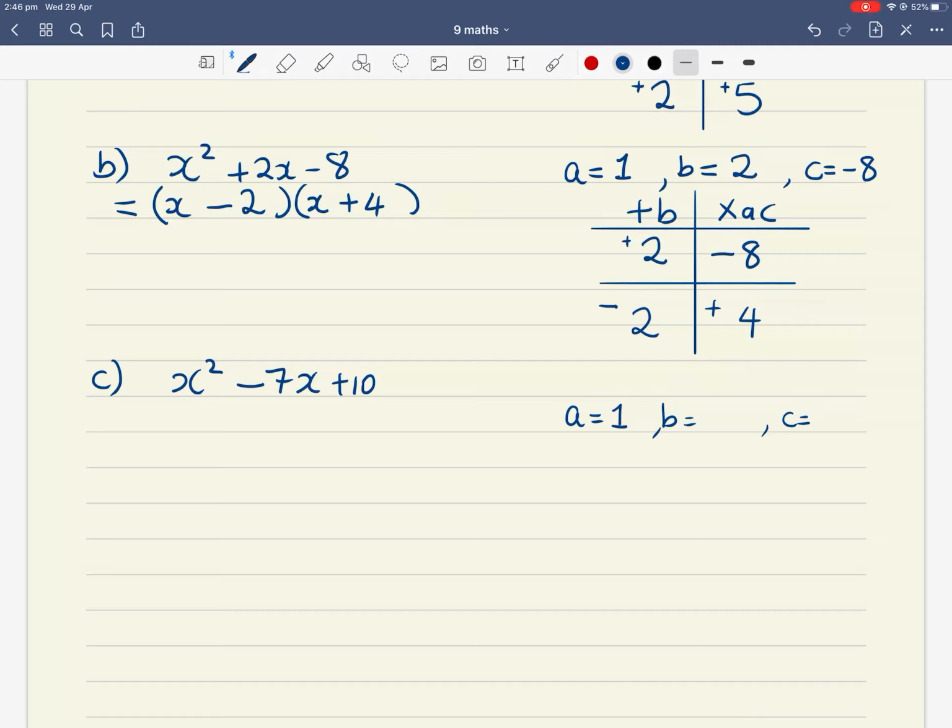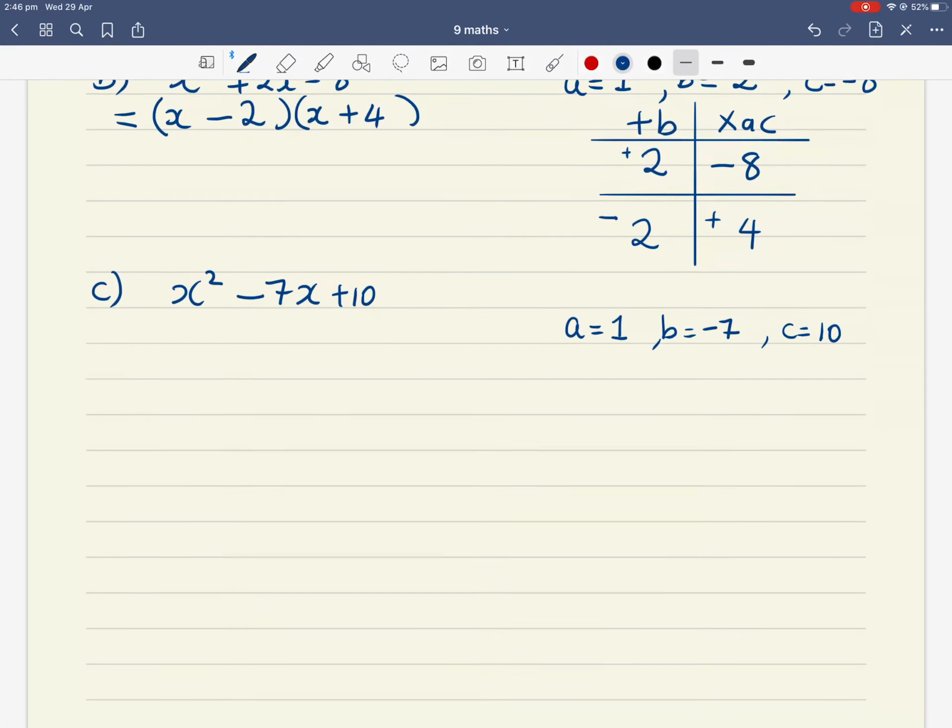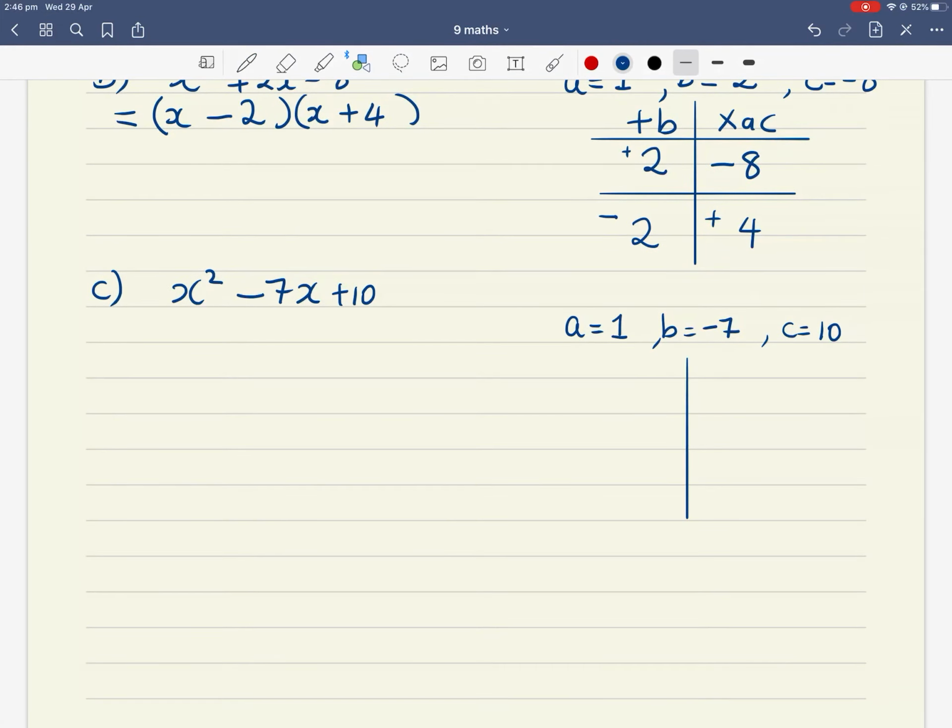Well, 1, because there's 1x squared. What's the coefficient of your single x? What's your b value? What's the number in front of your x? It's negative 7. Don't forget about the negative sign. Take the number, take the sign as well right in front of it. And your c value, the single number by itself, it would be 10, or positive 10.